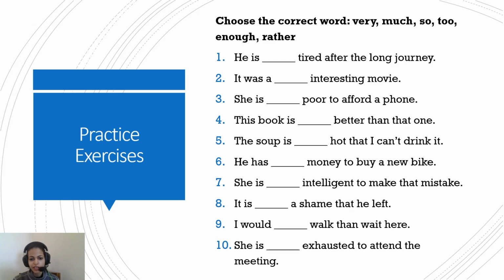How much shame? You're not telling how much shame. It's rather a shame that she left. I would dash walk than wait here. I would rather walk than wait here, because you're telling a preference. She is dash exhausted to attend the meeting. Here, she has missed the meeting. Some negative implication is there. So she is too exhausted to attend the meeting.